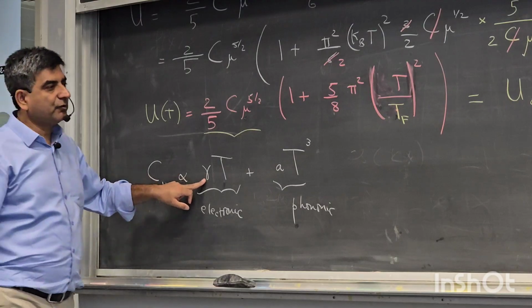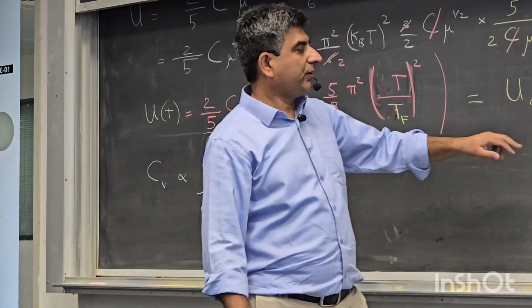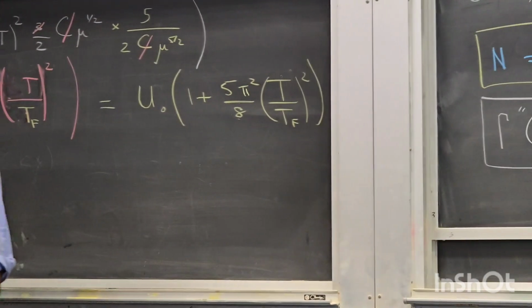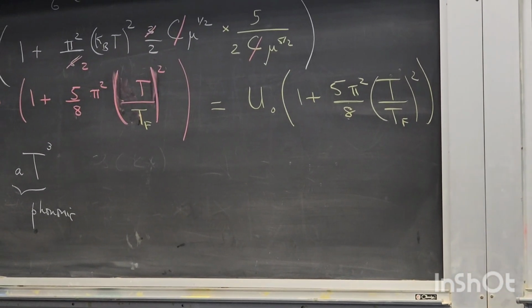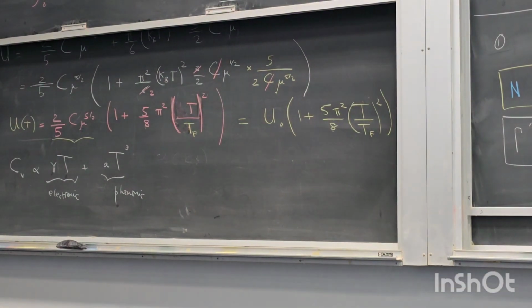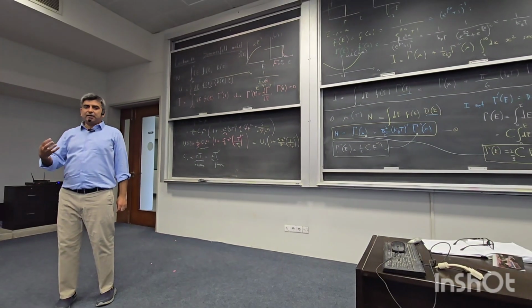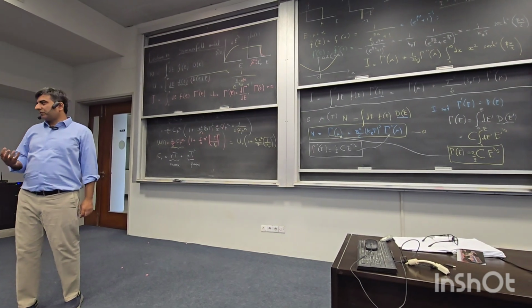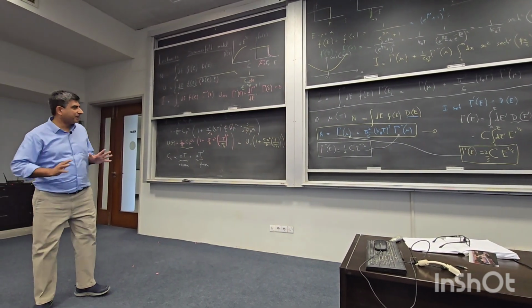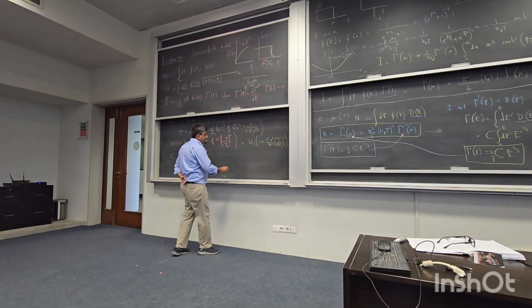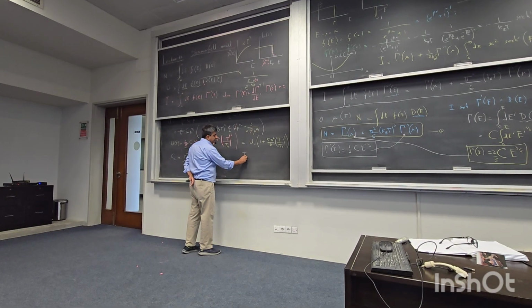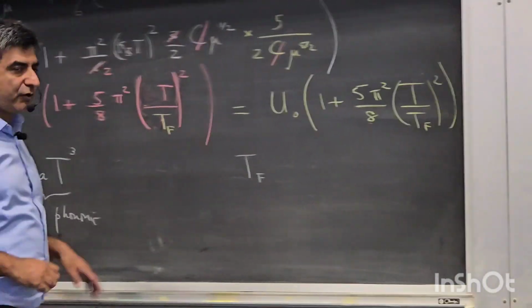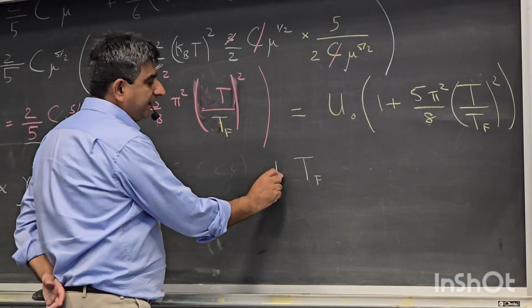And this term, of course, will depend upon T_F. The T_F depends upon the Fermi energy. And the Fermi energy, we know this depends upon the mass of the electron, right? Remember our formulas. For free electrons, k_B T_F is the energy.